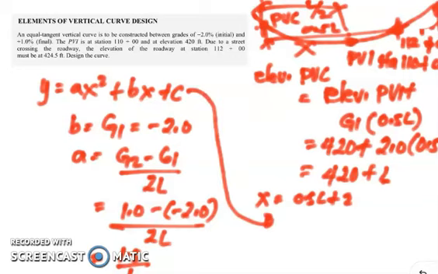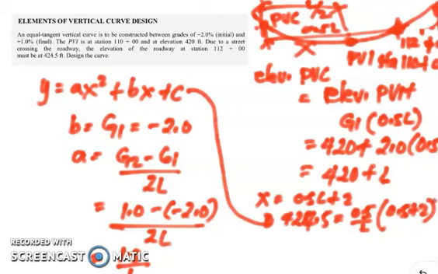Our y, which is the elevation at the point of interest, is 424.5, which is equal to A, which is 0.5 all over L, times our x, which is 0.5 L plus 2, raised to the second, plus b times x.